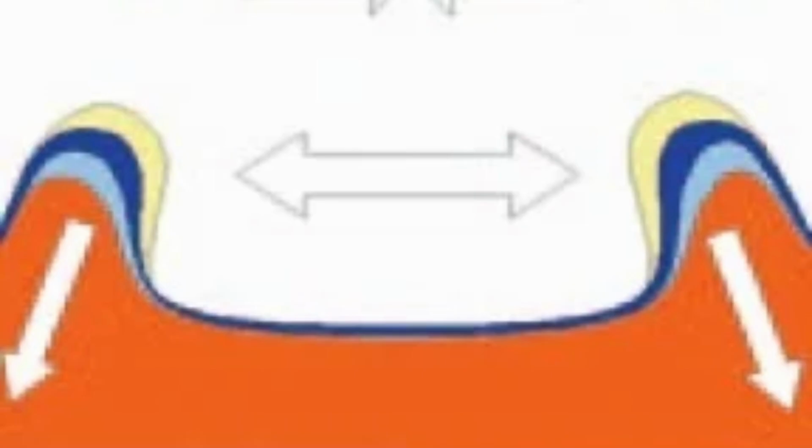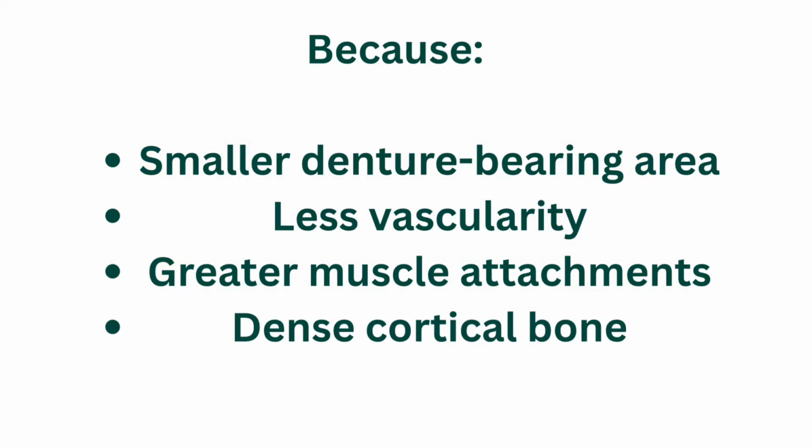Therefore, the mandible becomes wider. We will study a bit about Wolff's law when you'll understand it even better. The reason why the mandible resorbs faster is because it has a smaller denture bearing area, less vascularity, greater muscle attachment, and dense cortical bone.